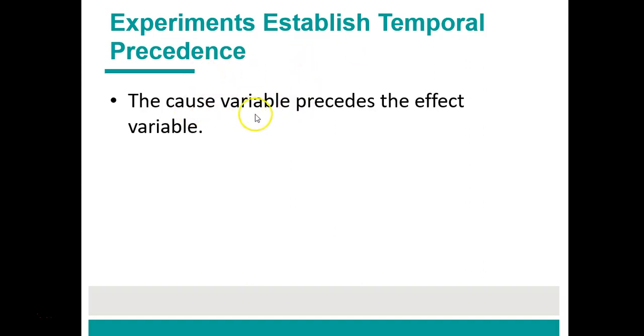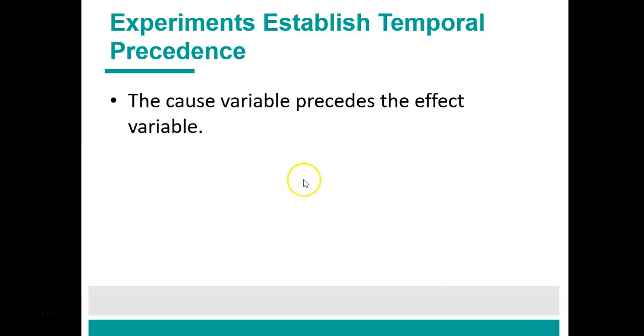Temporal precedence, this is important. This is the idea that the cause precedes the effect. This is because we put people into groups, then we randomly assign them to groups, then we give them their treatment or their control group, whatever it is, and then we measure the dependent variables.